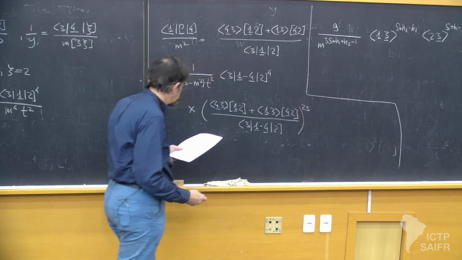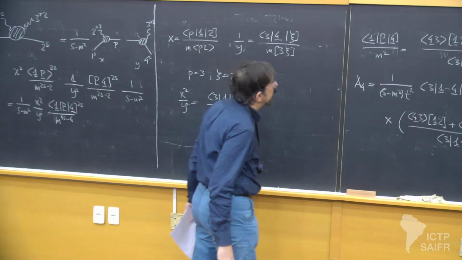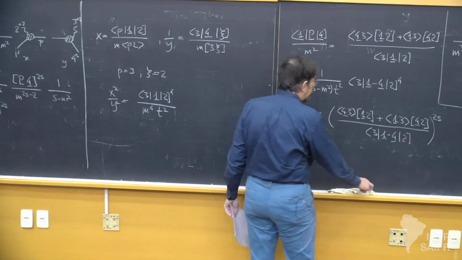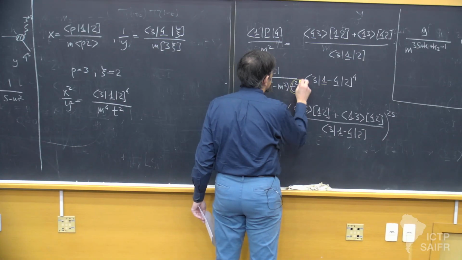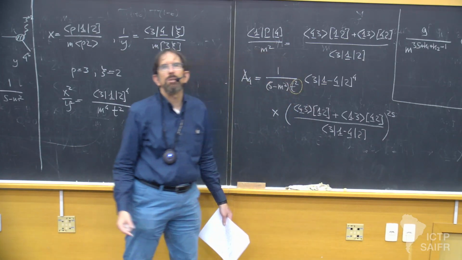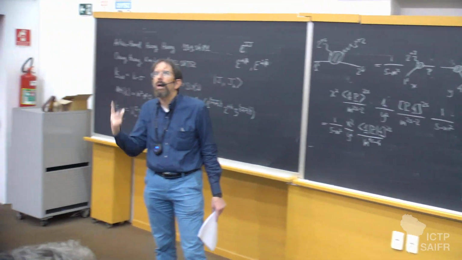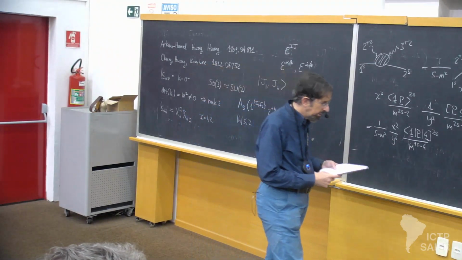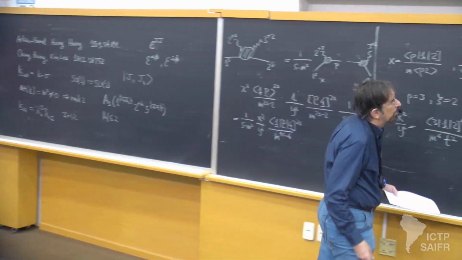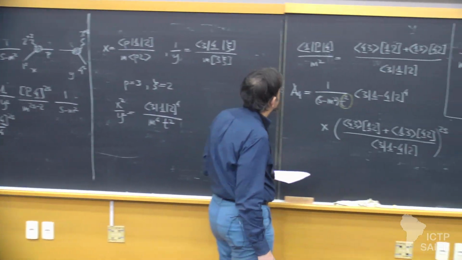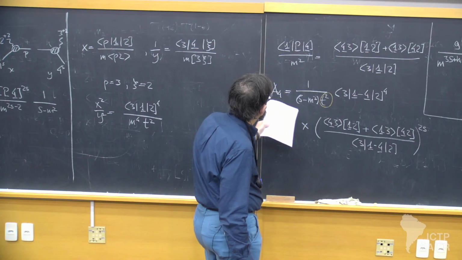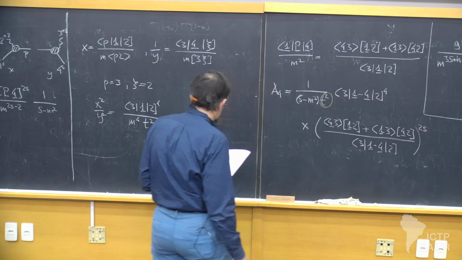There are two problems here. First is that this can't be right. t squared is not something that can show up in a factorization. Remember that when we discussed factorization, we just had a single power of an invariant in the denominator. But the solution here is relatively simple. We're sitting on the s-channel pole.